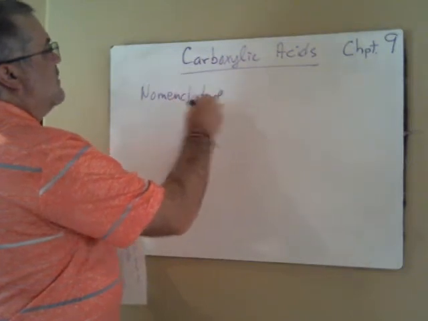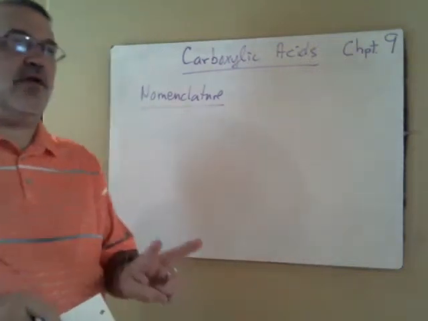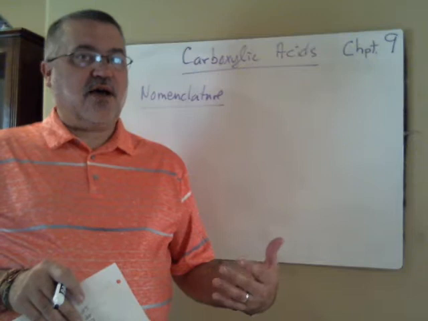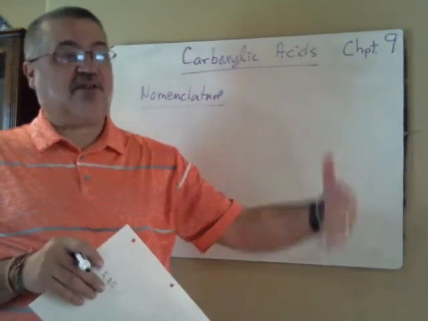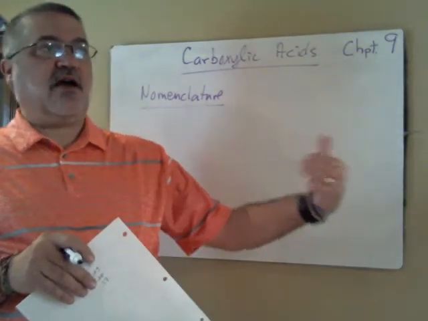Now you'll notice in the nomenclature of carboxylic acids, there's two things that you'll notice. First, the nomenclature is very similar to that of aldehydes because it's a terminal functionality. You can only find a carboxylic acid on the terminus of a molecule, and so that governs its nomenclature.